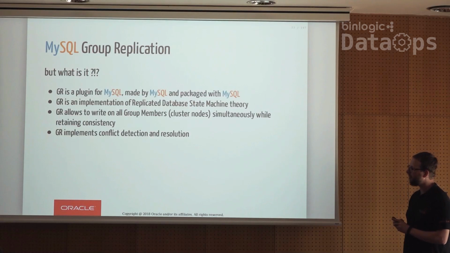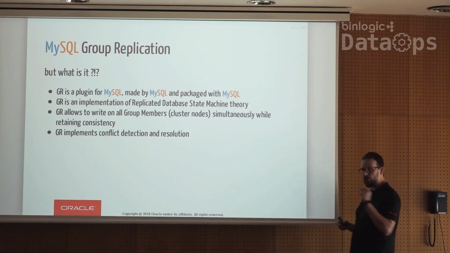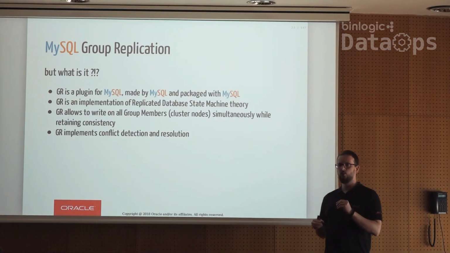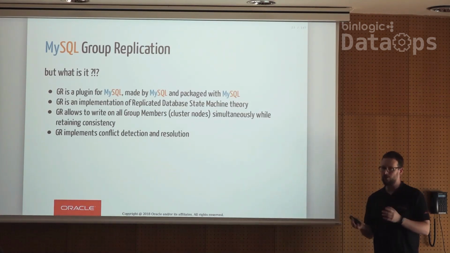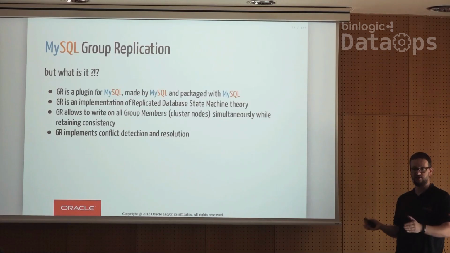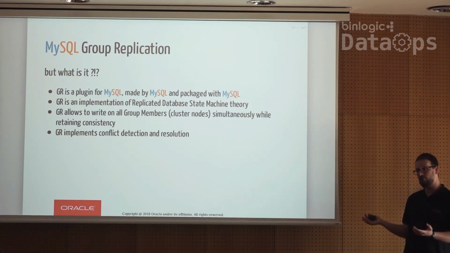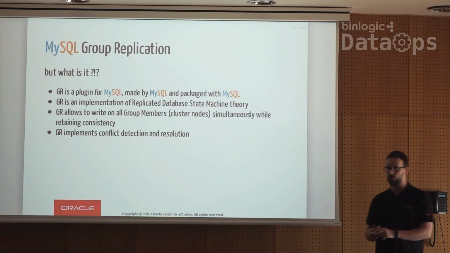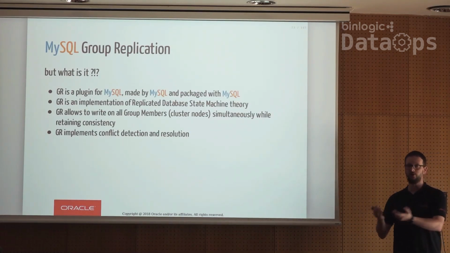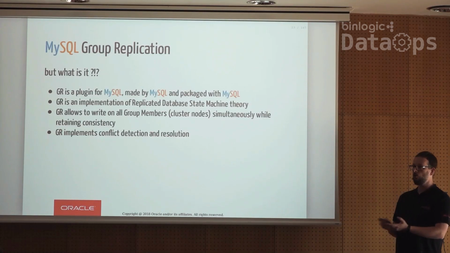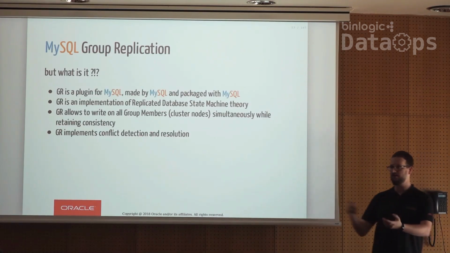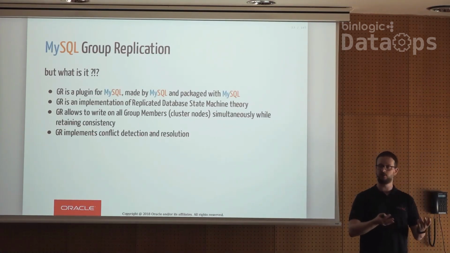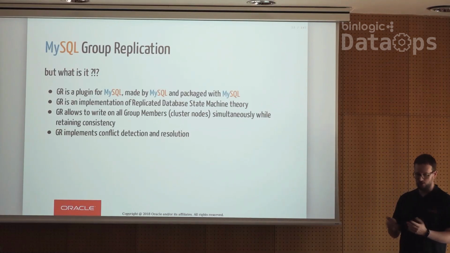What do I mean by conflict detection and resolution? So when you use asynchronous replication, when there is an issue, like a primary key issue, what happens? Replication breaks, and you need to fix it somehow. Some people ignore the error, which I don't recommend at all, but people do that. Or you need to fix why do I have this issue, why somebody wrote on the slave, or why this key was there and not on the master, what's going on.